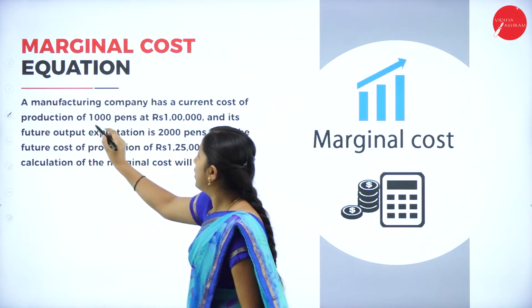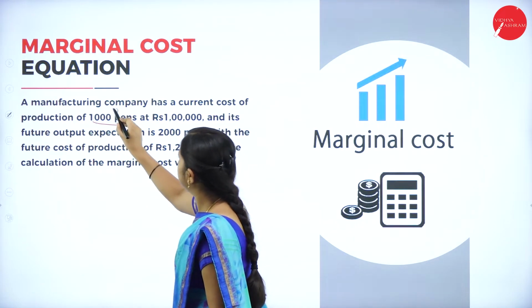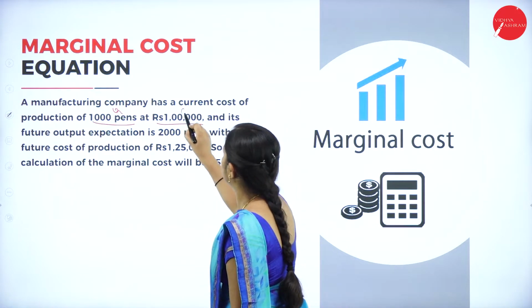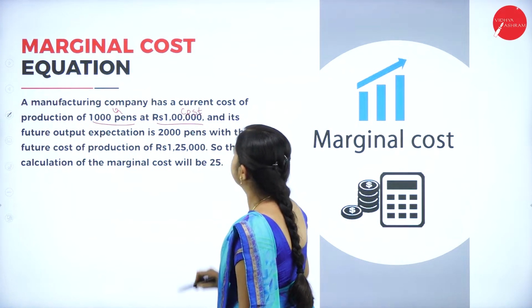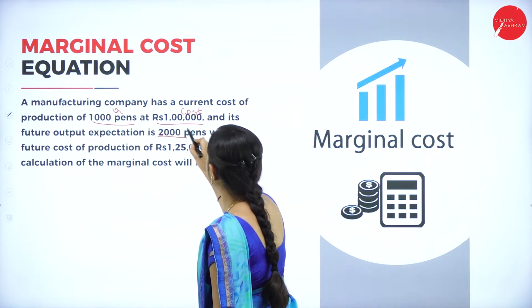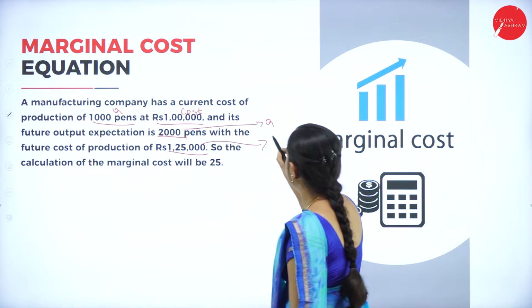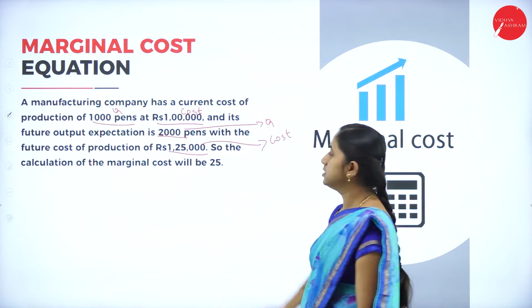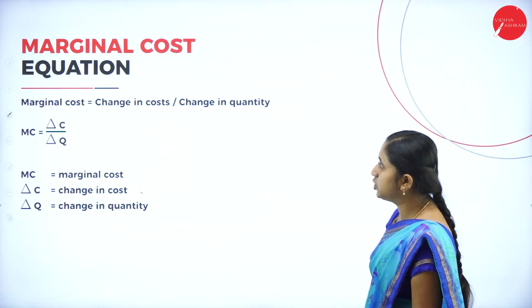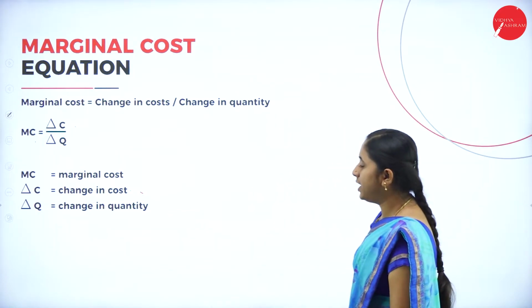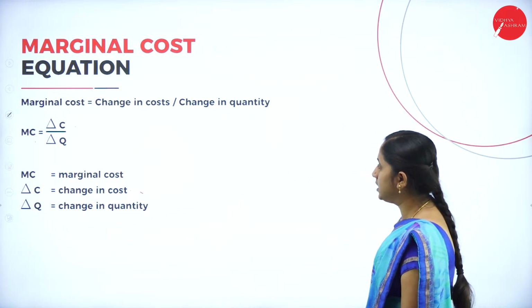Here, 1000 is the quantity produced, this is the cost. Again, 2000 is the quantity, 1,25,000 is the cost. The marginal cost formula is change in cost divided by change in quantity.